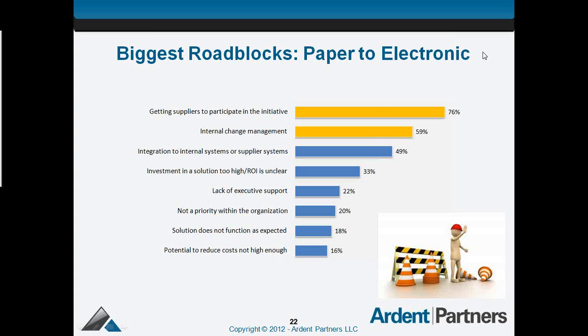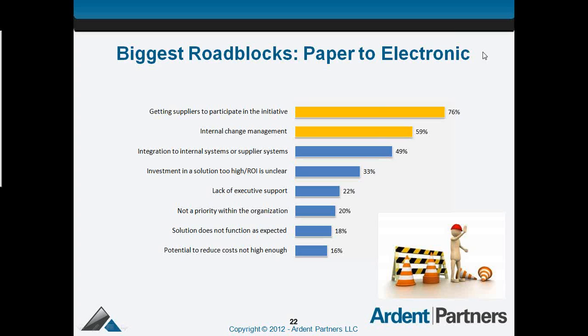And the biggest challenge reported by far was getting suppliers to participate in the initiative. 76% said this. Supplier participation is critical to electronic invoicing. If suppliers don't get on board with the solution, it's likely that the full value is really not going to be achieved.